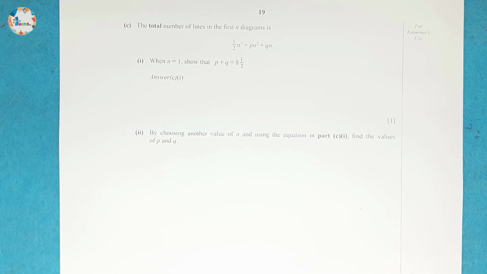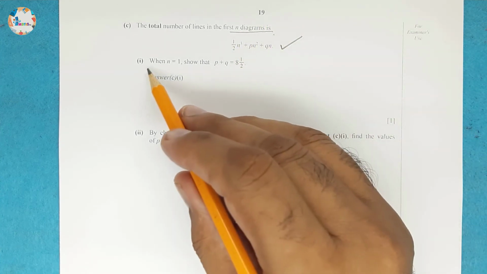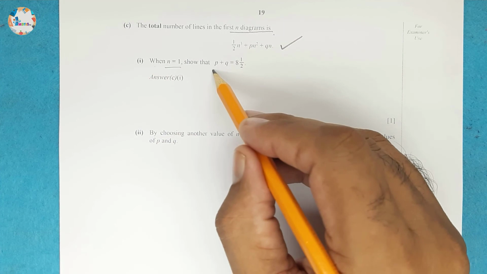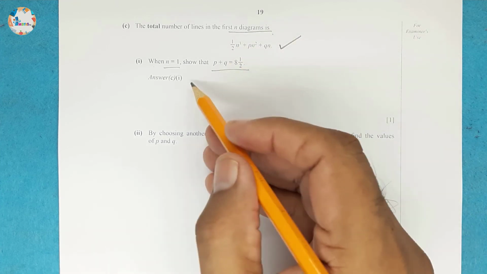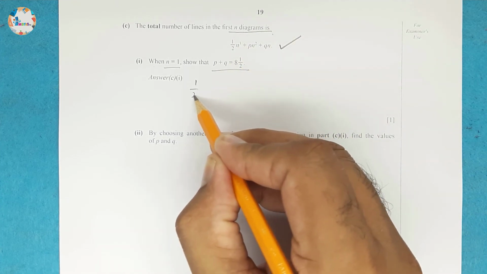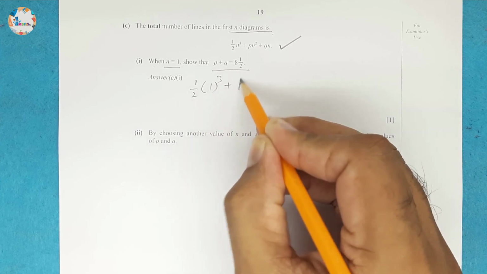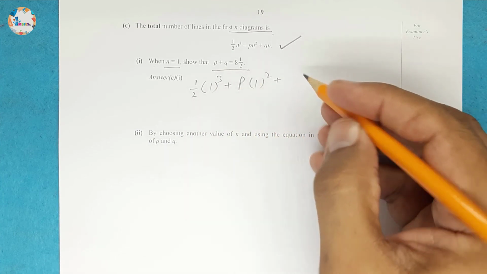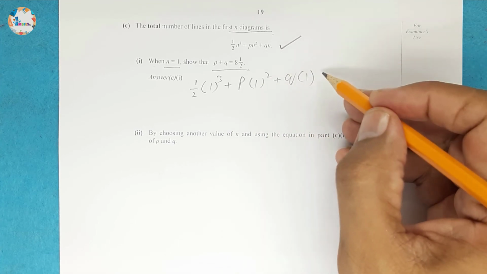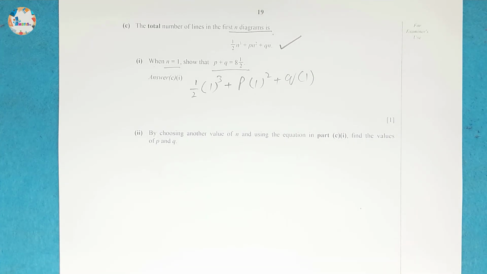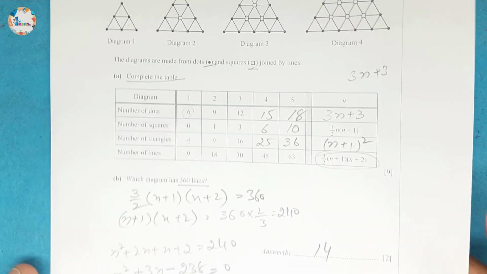The total number of lines in the first n diagrams is this much. When n is equal to 1, show that this is equal to this, and we basically have to replace n is equal to 1 in this one. So this will be 1 by 2 into 1 cubed plus p into 1 squared plus q into 1, and the number of lines we will use for this one.